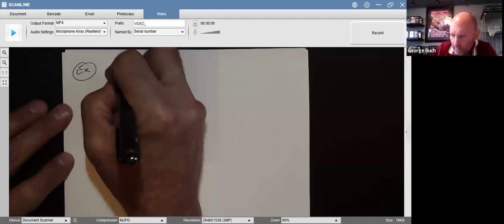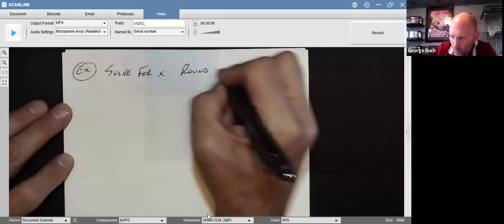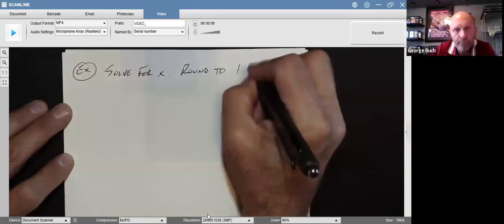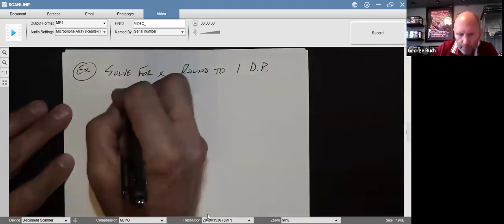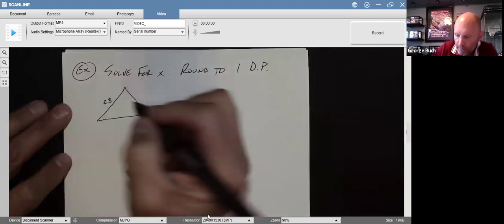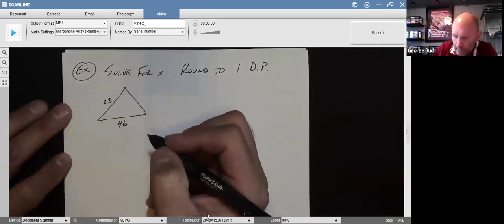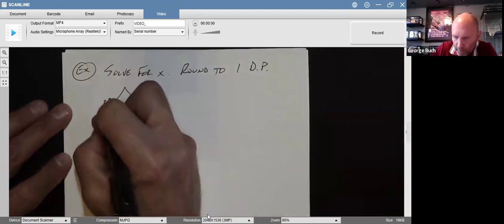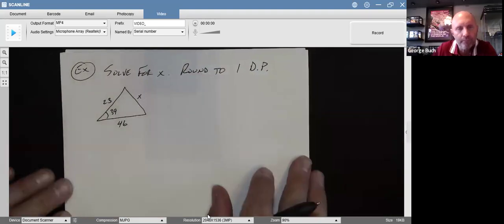So let's say we want to solve for x and round our answer to one decimal place. So let's say we're given this triangle, and this side is length 23. This one is length 46. The angle between them is 39 degrees, and we want to find x over here.